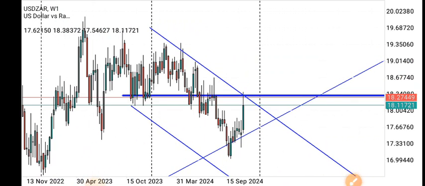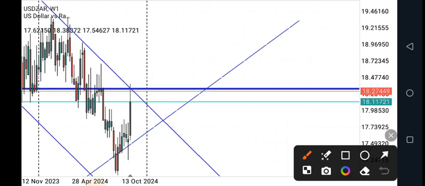At this point, I don't see much, although there is what seems to be an inverted head and shoulders pattern here, where this section would be the left shoulder, this would be the head, and this over here would be the right shoulder, and it too has a neckline more or less at that level.